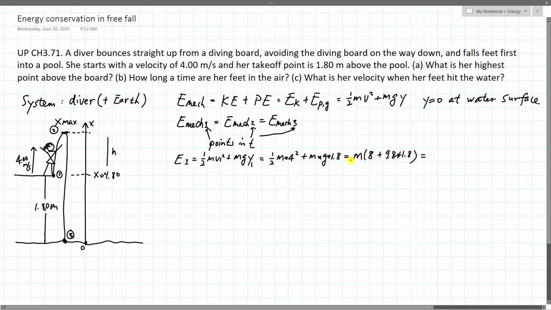Unless we know her mass, we won't really have an exact value, but we'll later realize that every single snapshot of energy will share this factor, so the factor can be divided out. Okay, so now let's bring out our calculator.